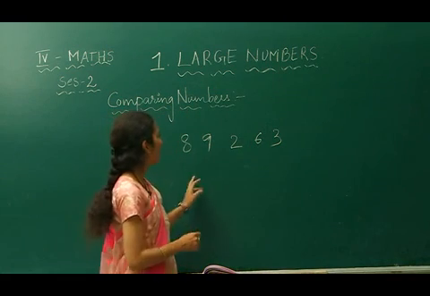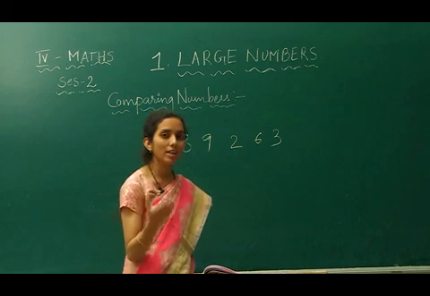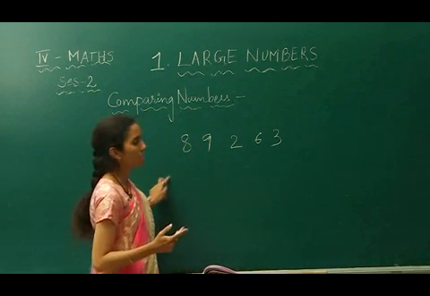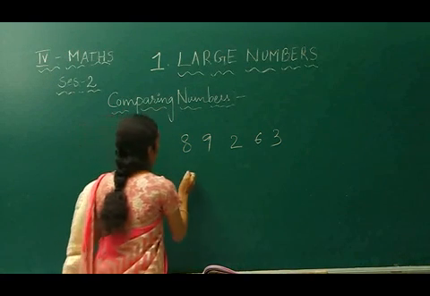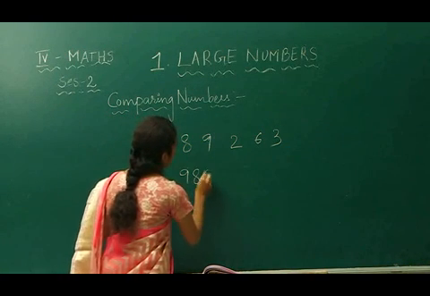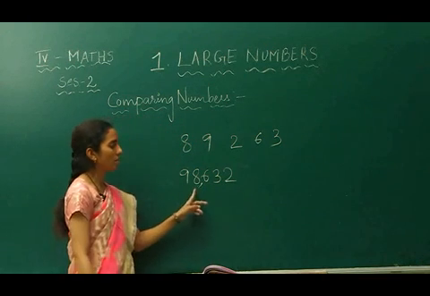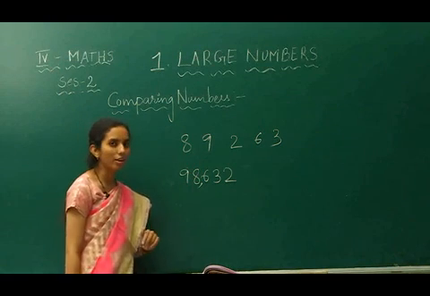If they are asking you to find the possible greatest number, the simple thing is to arrange these numbers in descending order, that is from highest to lowest. 9, 8, 6, 3, 2. So, 98,632 is the possible greatest number with the given numbers.